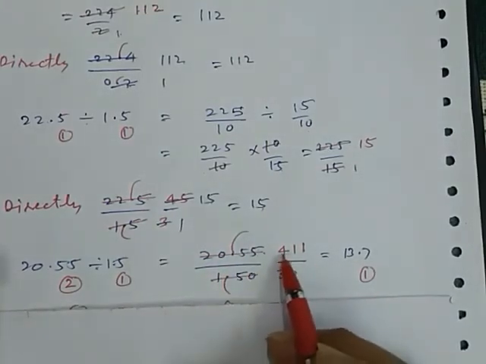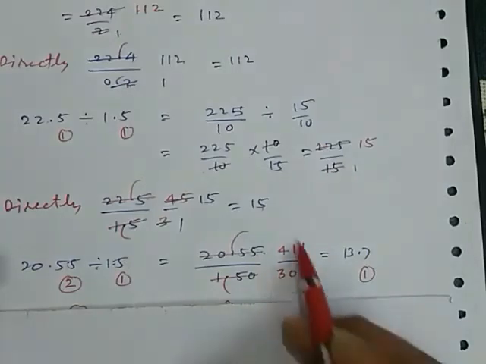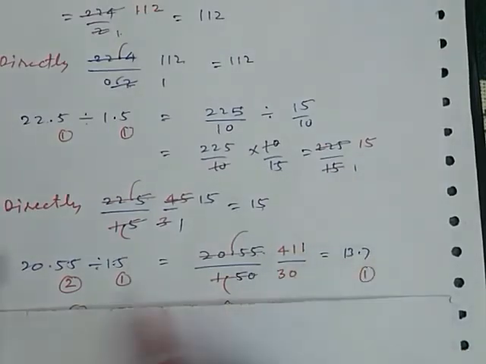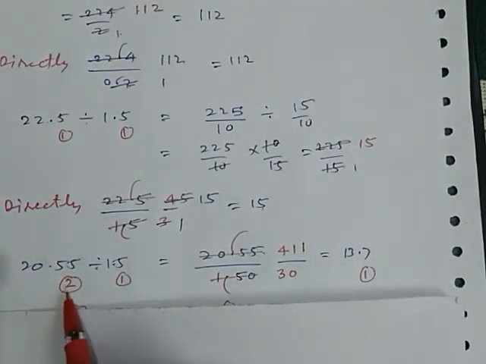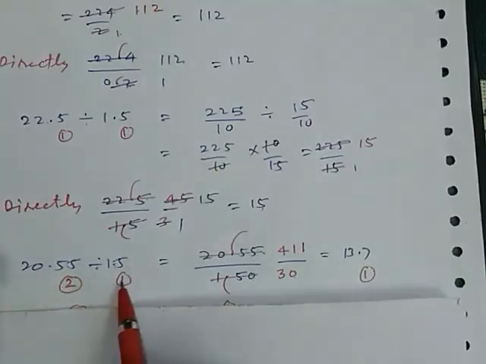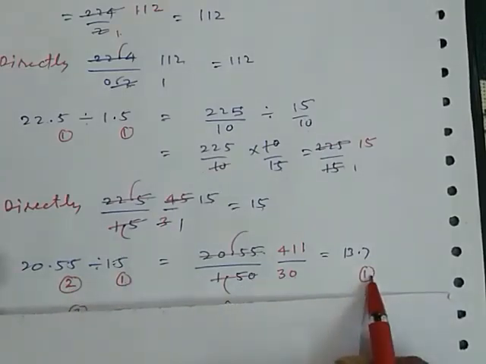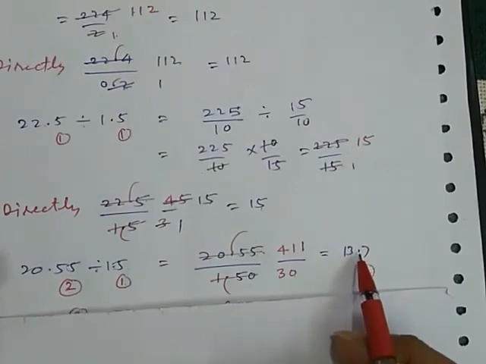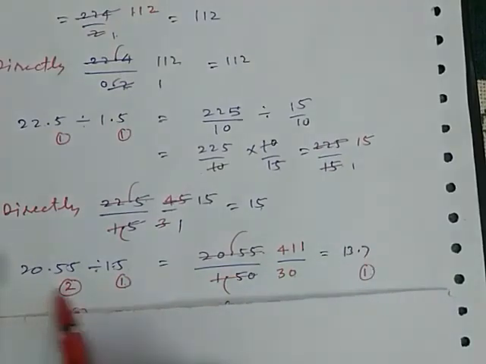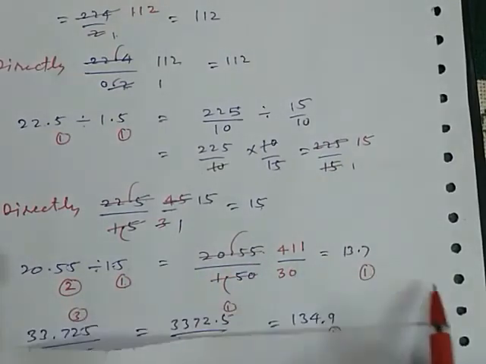So we receive 411 by 30, and after division we receive 13.7. But look here, after the decimal there are 2 digits and here only 1 digit. So when we get the result, the number of digits are subtracted, 2 minus 1, so we get 1 digit after the decimal. Okay, in this way we can also perform it.